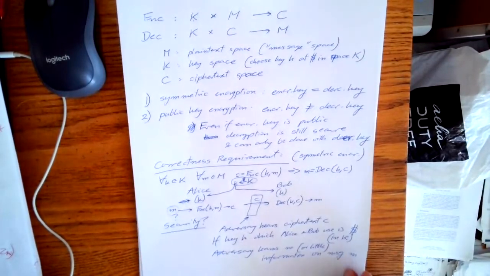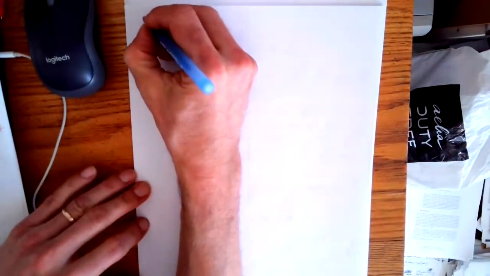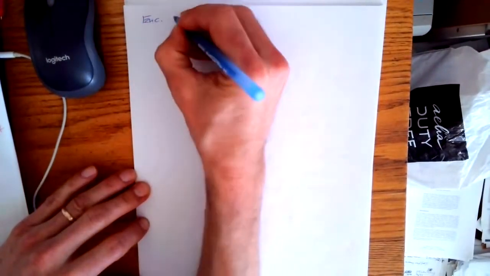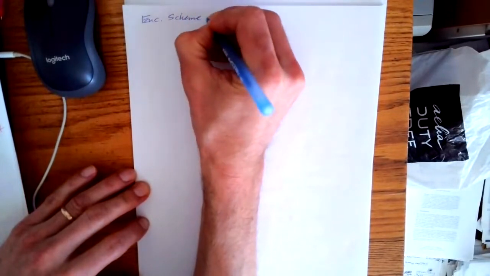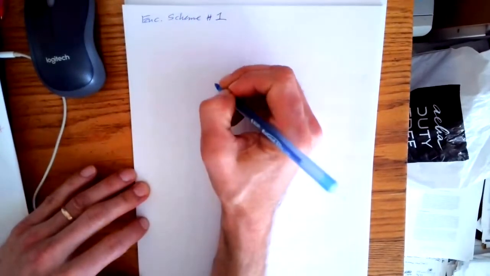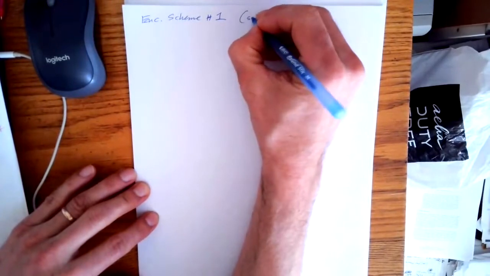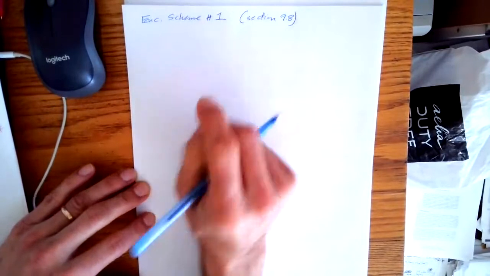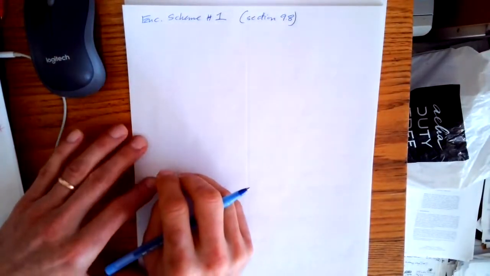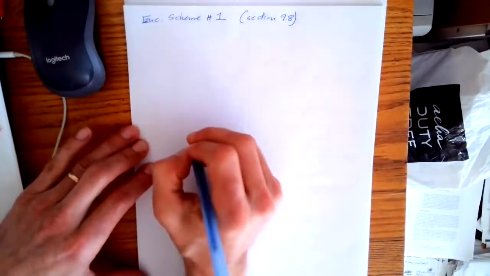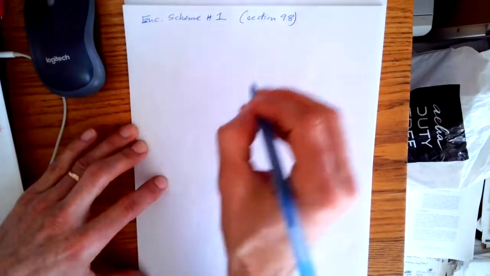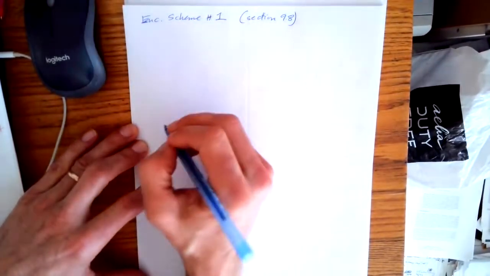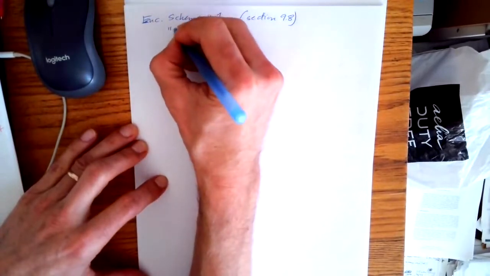Okay, so let's see one example of it, a very, very simple example. It's an encryption scheme we call number 1. It's covered in section 9.8. It's like a preliminary to setting the terms for crypto systems. And actually, there is a name for this crypto system. It's called a shift cipher.